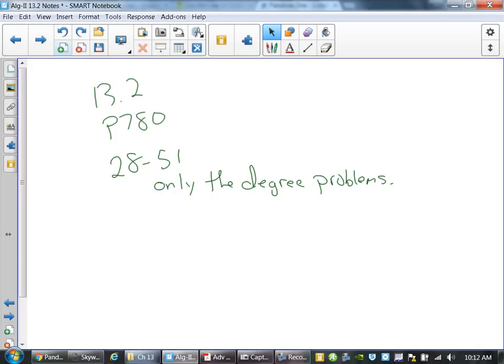If it has a pi in it, don't worry about it. What you're going to do is draw an angle, put it on the axis, spin it to what quadrant it goes into, find the coterminal positives and negatives, and then convert from radians to degrees. To go from degrees to radians, all you're doing is dividing by 180 and slapping a pi next to it. Try to do it without a calculator. You're going to need to do it without a calculator.